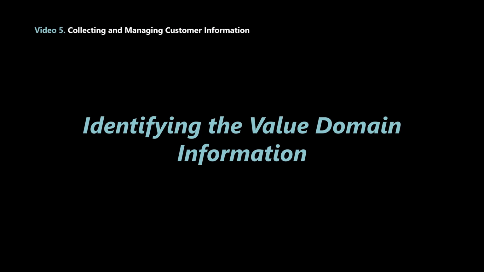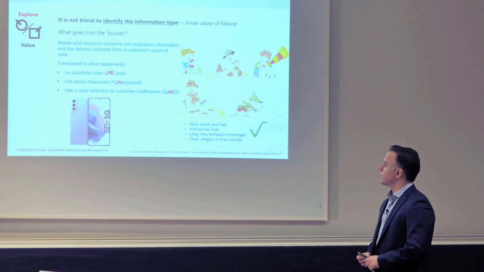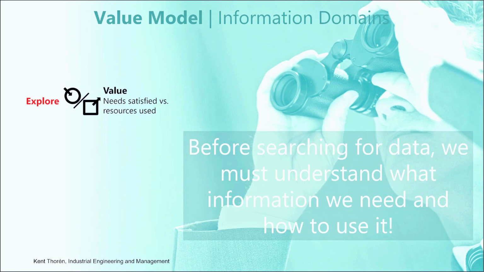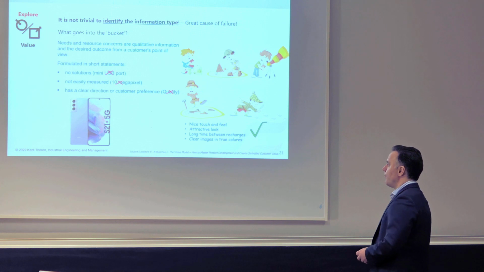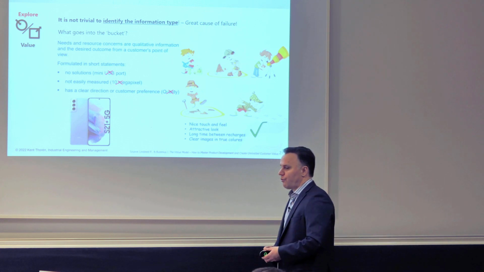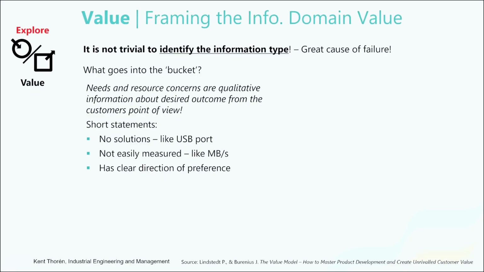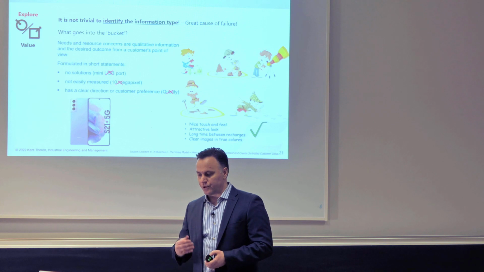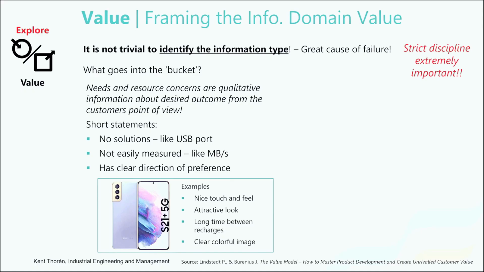Okay, so what goes into the bucket, let's say? What are some statements you want to have in this domain? First of all, needs and resource concerns are qualitative things. It's information that usually is not quantitatively expressed. It should be short statements, but it should not be about solutions, like a mini USB port for the phone.